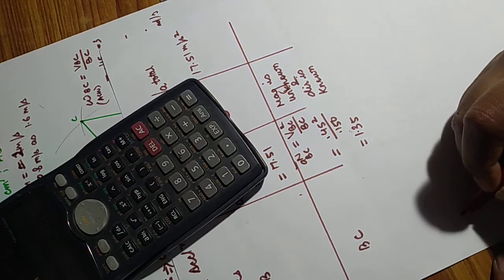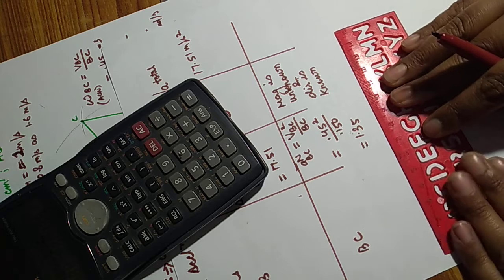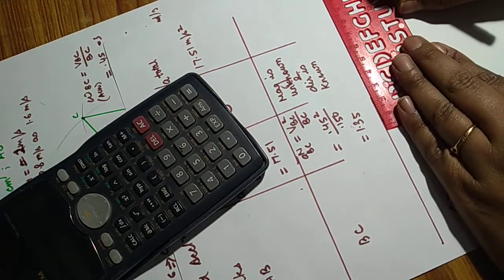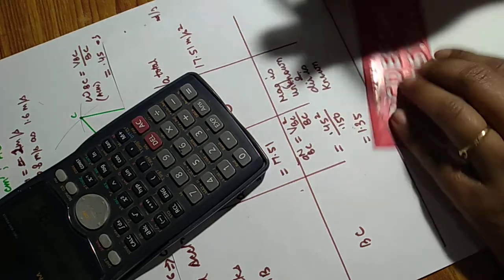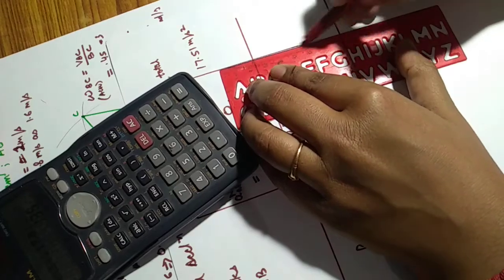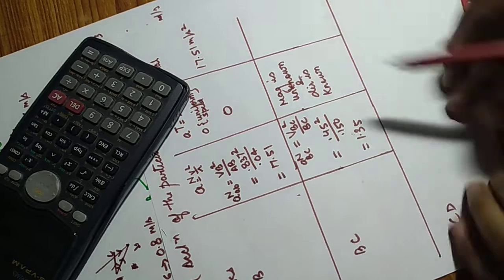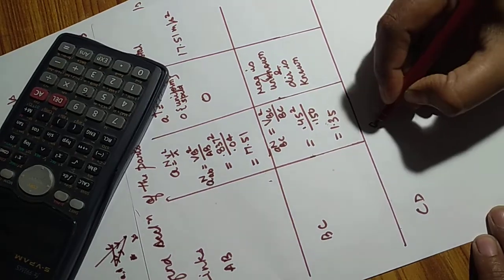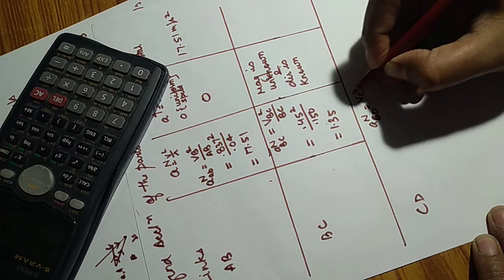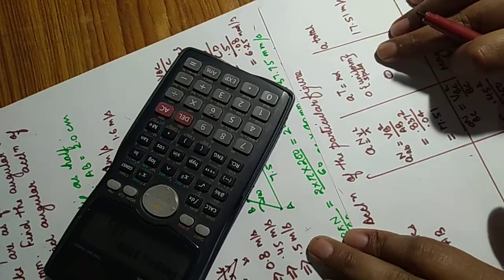Then we have the CD link. See, it is not that troublesome. It takes time, but it is quite easy if you understand the factors. So for CD, the normal of CD is given as omega CD square upon CD. So we have omega CD, as we have already found, as 0.5.